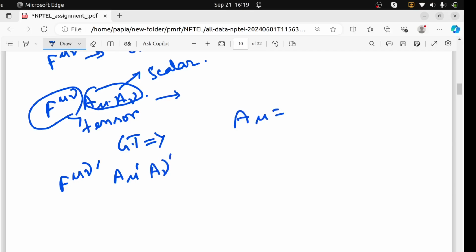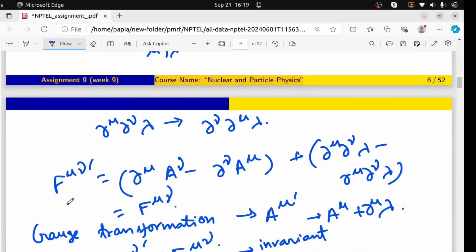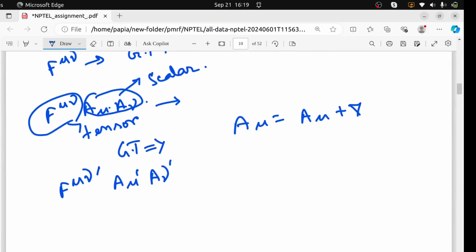For gauge transformation, it was A_μ plus ∂_μ λ.